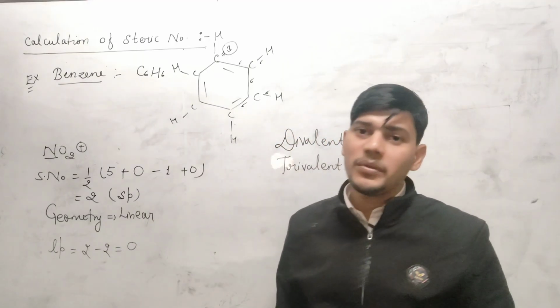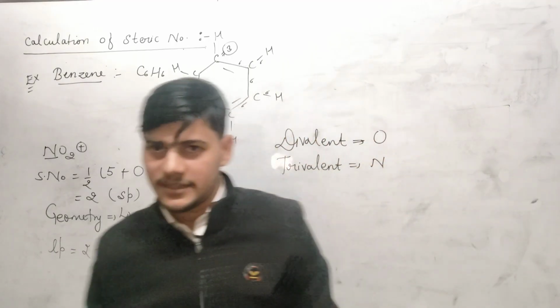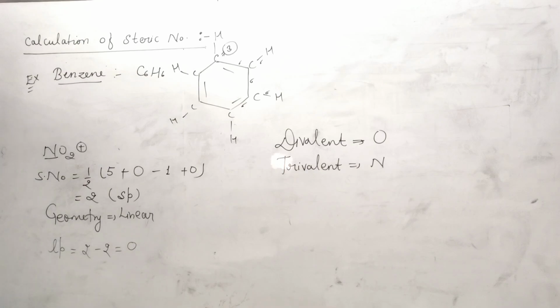So no lone pair is present on the central nitrogen atom. 0 lone pair and 2 bond pair, so the shape will be linear. And in the case of linear geometry, the shape is also linear.